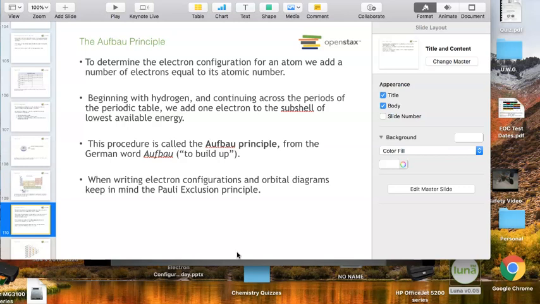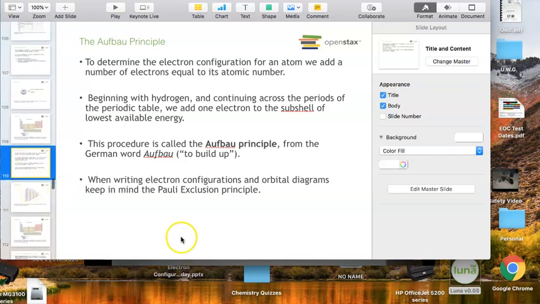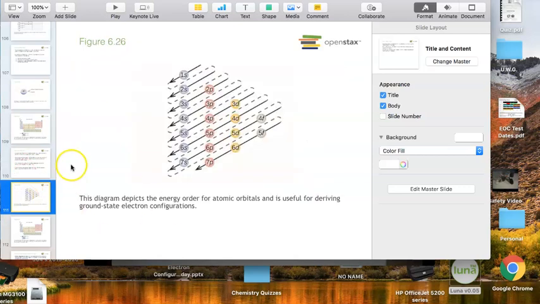Beginning with hydrogen and continuing across the periods of the periodic table, we add 1 electron to the subshell of the lowest available energy first, and then we keep going and add up our electrons that way. This procedure was called the Aufbau principle, from the German word meaning to build up. When writing electron configurations and orbital diagrams, keep in mind the Pauli exclusion principle, and that you only have a maximum of 2 electrons per orbital.